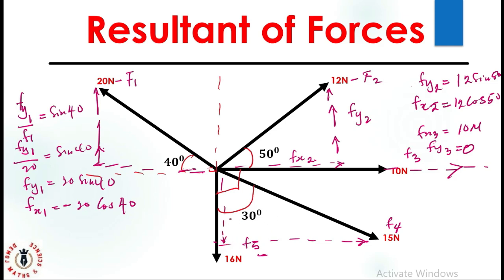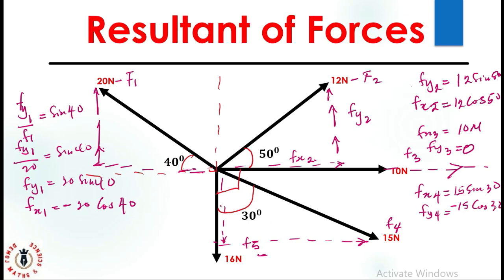So F4x, which is in the positive direction, will be 15 Newton sine 30, and F4y will be in the negative direction, which will be minus 15 cos 30.